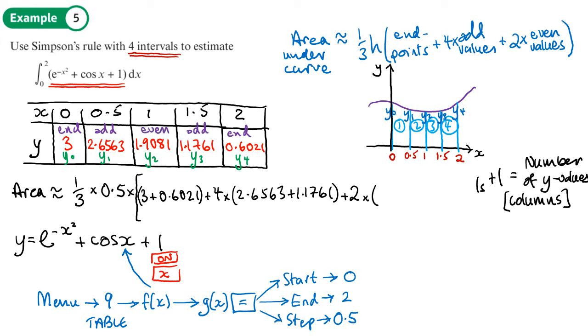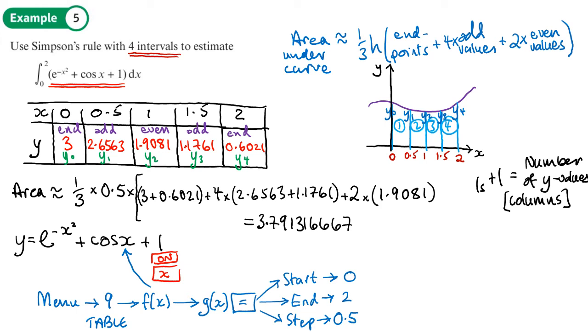So make sure you don't add in y4 as well, because we've already accounted for that. So that'll be 2 times 1.9081. So let's work that out and see what we get. So changing it back to calculator mode, menu 1, I get this 1317. That's the full thing that I get on my calculator display.